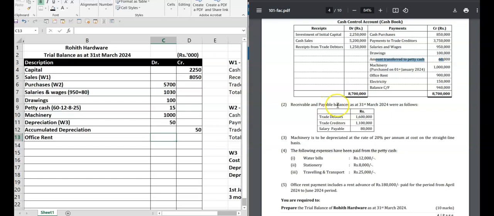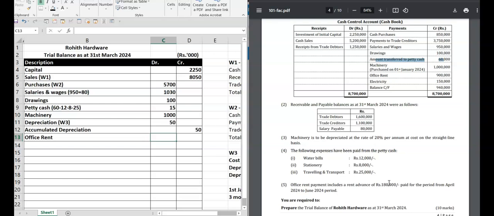If it is advance, you have to minus it. If it is payable, you have to add it with the expenses. From April 2024 to June 2024, there was an advance paid. So this is prepaid rent for April, May, June, 3 months. So they have paid 3 months advance.